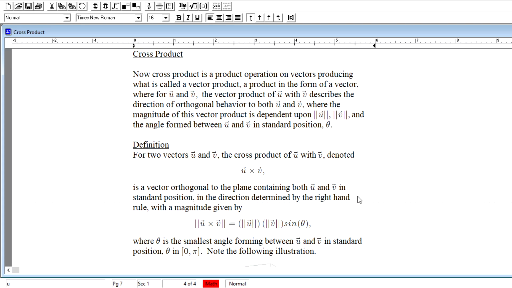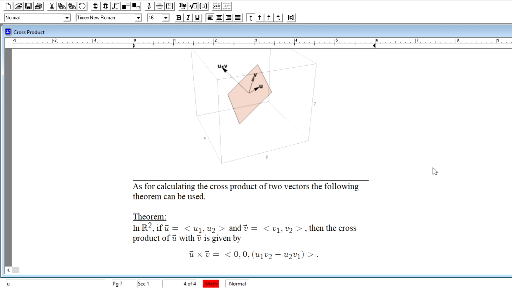And again, what that vector describes is a vector that is orthogonal to the two vectors in the cross product, where the length of that vector depends upon the angle between the two vectors and the length of the two vectors themselves. All right? So, folks, I will end there.